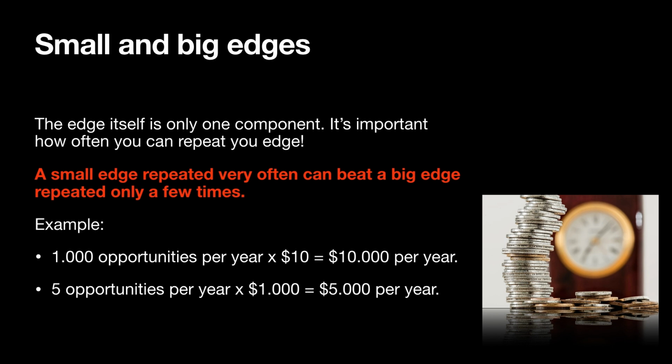If you have 1,000 opportunities per year, and with every opportunity you make $10 on average, you make $10,000 per year. If you only have 5 opportunities per year, and you make on average $1,000 per opportunity, you make only $5,000 per year. So that means a trading strategy with a smaller edge can make more money in a year because you have more opportunities.